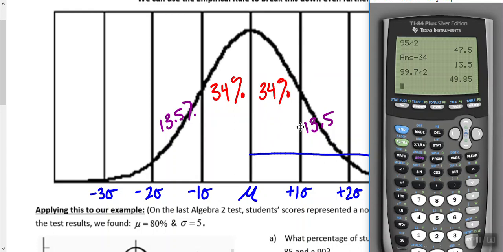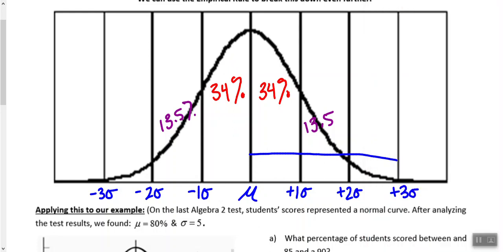Then I want to subtract the things I know. So I'm going to subtract 34, and I'm going to subtract 13.5. And I get 2.35. So that means that each section after the 13.5 is worth 2.35%.